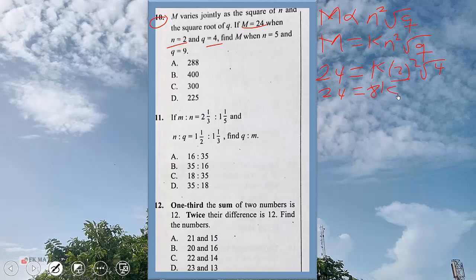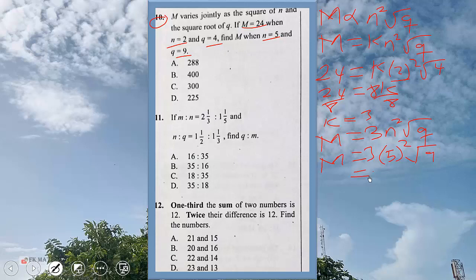Dividing both sides by 8, k is equal to 3. So our equation of variation becomes m is equal to 3 n squared root q. So when n is equal to 5, we get 3 times 5 squared times root of 9.